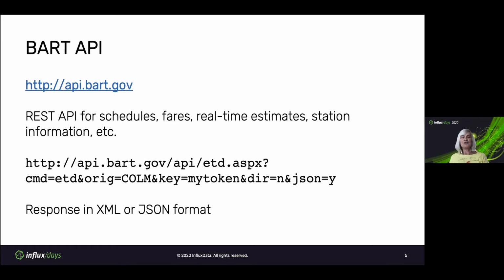You can get schedules, you can get fares, you can get real-time estimates, and you can get information about all of the different stations and the facilities available at the various stations. Then you can get the response back in either XML format or JSON format. Conveniently for us, we can process JSON pretty easily. So I decided to play around with that and see where that took me.